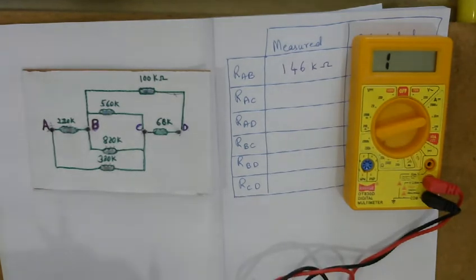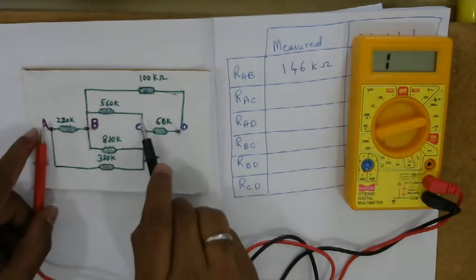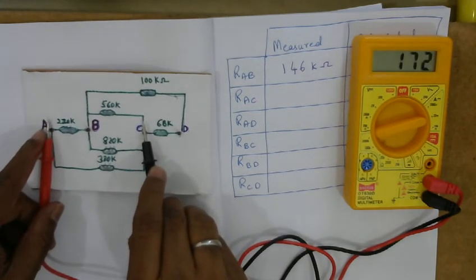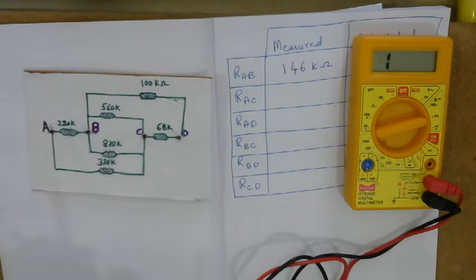Next I'll measure RAC. The same process, I keep the positive side on A, and then this one is C, and it will be measuring RAC. We can see the value 165.